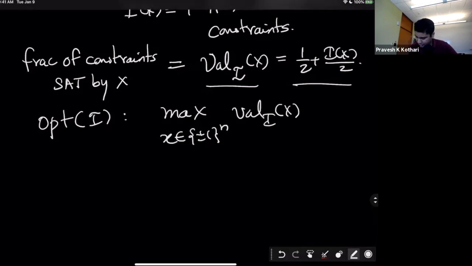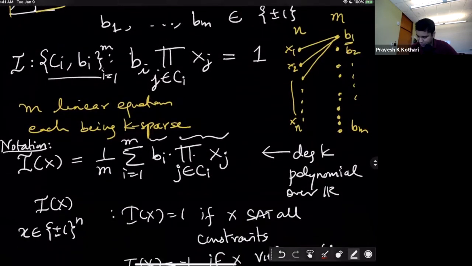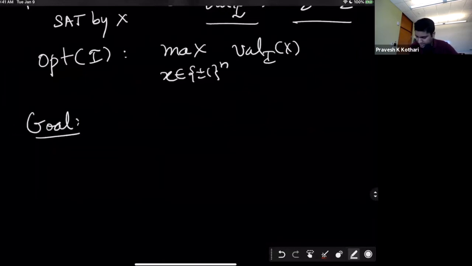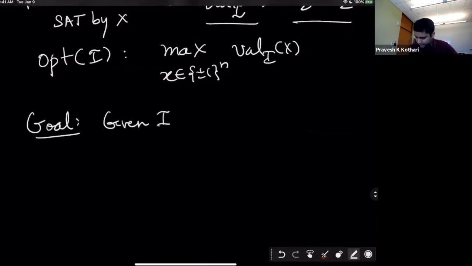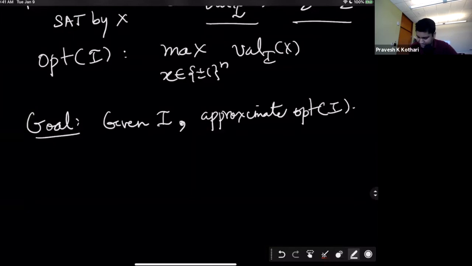So coming back, the input was this instance I. We just defined some quantities related to the instance I. We defined this polynomial I of x, we defined val I of x, and we defined opt I. And now we can state the goal. The goal is, given I, approximate opt I. Okay, that's the KXOR problem.